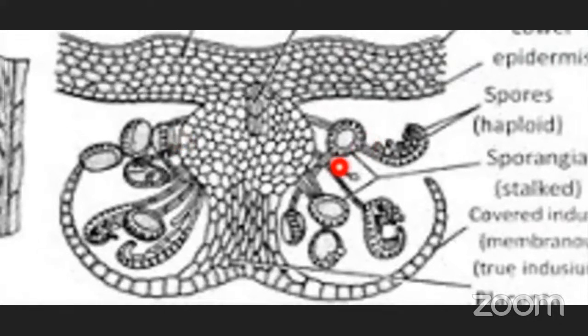And you can see a number of sporangia are present. This sporangium is bursting, and due to meiotic division, haploid spores are formed that are getting liberated. This sporangium has a stalk, also getting attached to the sori. When the sporangium ripens and undertakes meiotic division, the spores formed are haploid, and they burst out, releasing the spores.